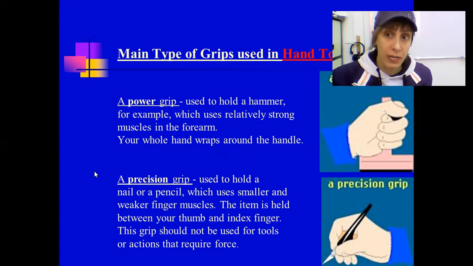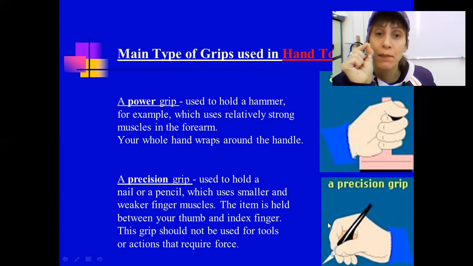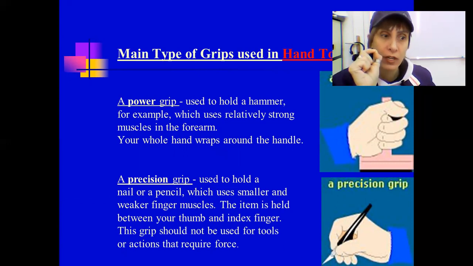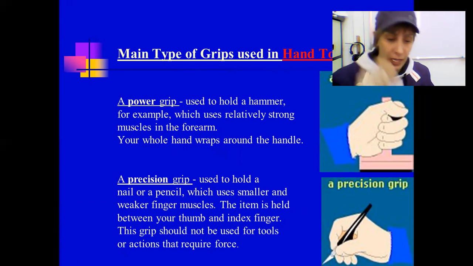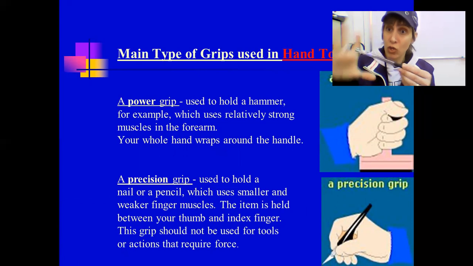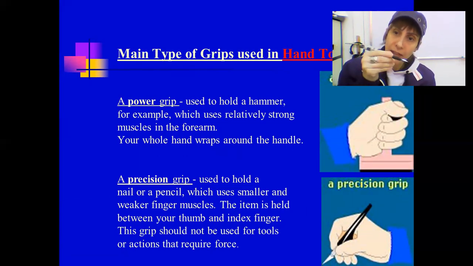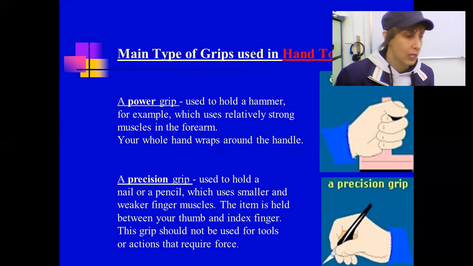A precision grip, on the other hand, is when you have to do precise work, detailed work. Like, for example, when you hold a pen, okay? Do you hold it like this? No, you hold it like this and very carefully use it.